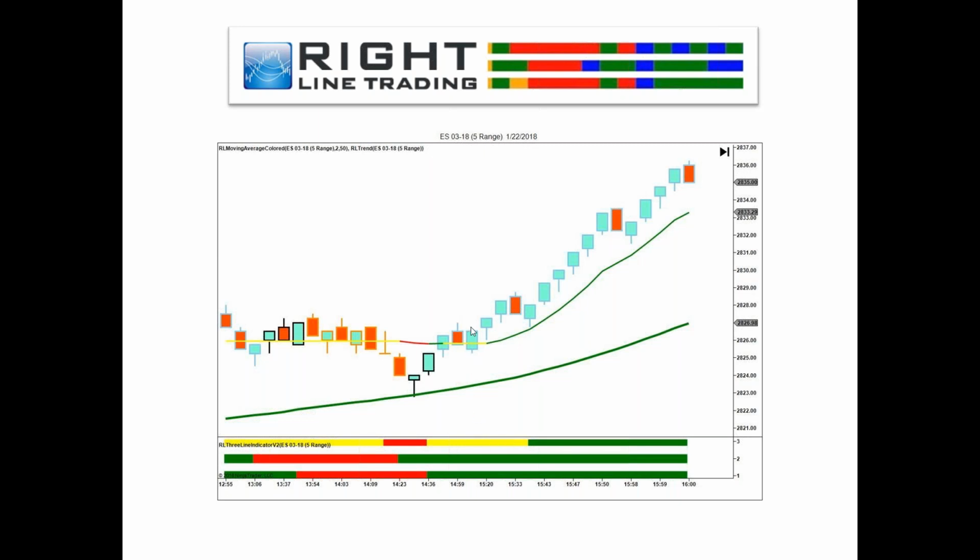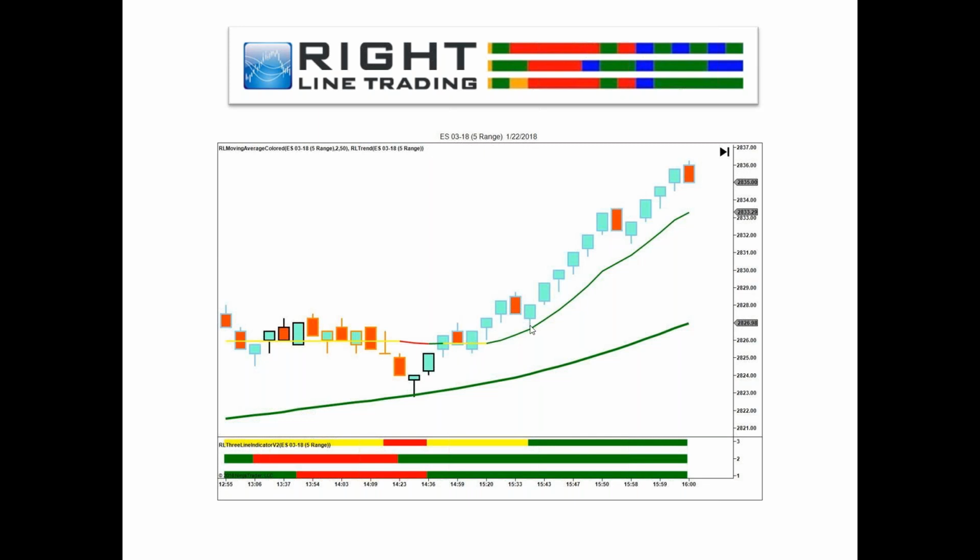So the data is all transferred to the candles. So if order flow is green, stochastic is green, and momentum is yellow or green, you've got your long. If order flow is red, stochastic is red, and momentum is yellow or red, you have your short. And you just follow the candle color.